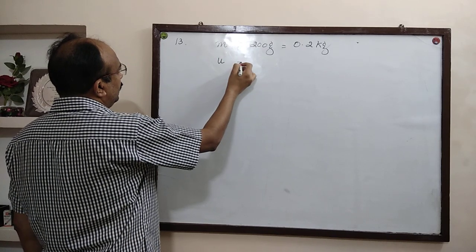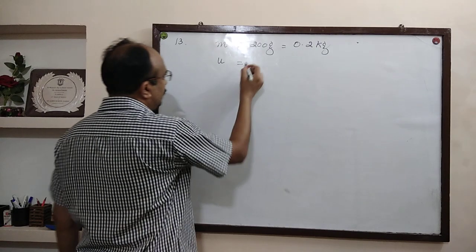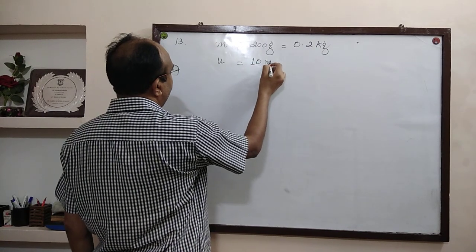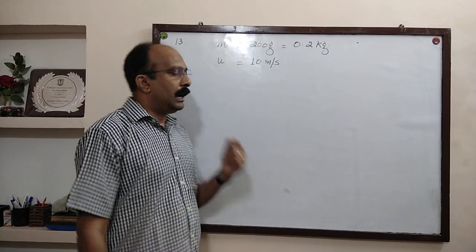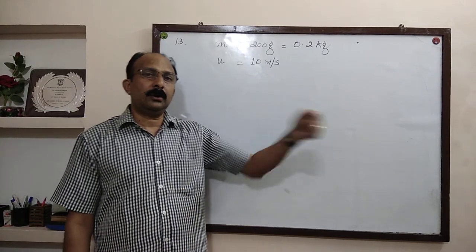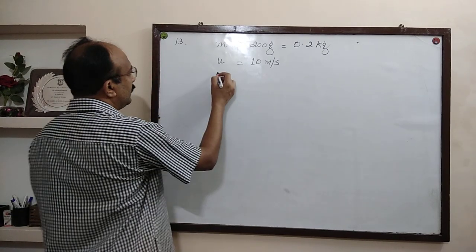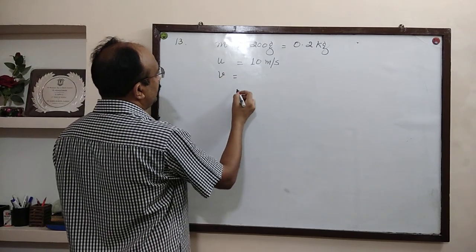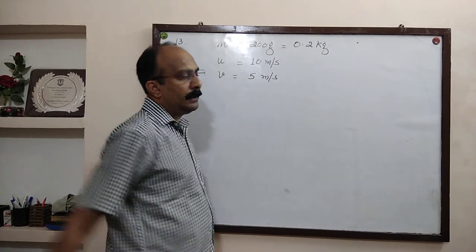It was moving with an initial velocity, that is u is equal to 10 meter per second. It is struck by a hockey stick and the ball is going back in the opposite direction with a velocity of 5 meter per second. V is equal to 5 meter per second.